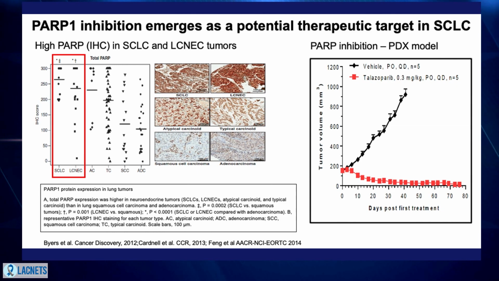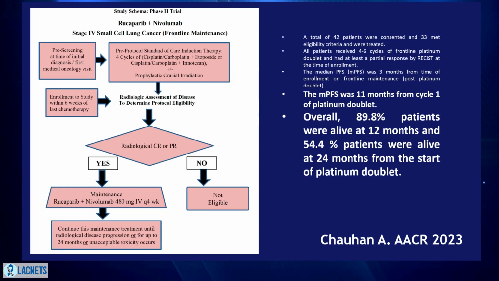The other combination that is currently being investigated is a combination of immune checkpoint inhibitors, immunotherapy drugs, with PARP inhibitors. These are drugs that damage the DNA and prevent the DNA repair in certain cancers, and there's some data to suggest that it may benefit.